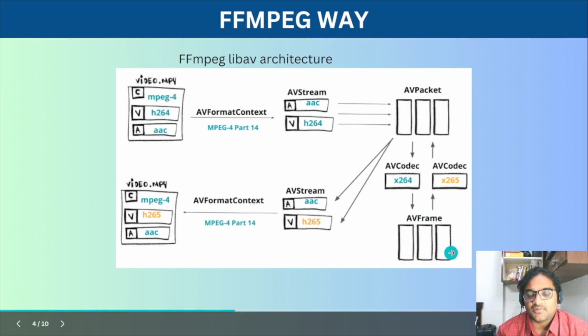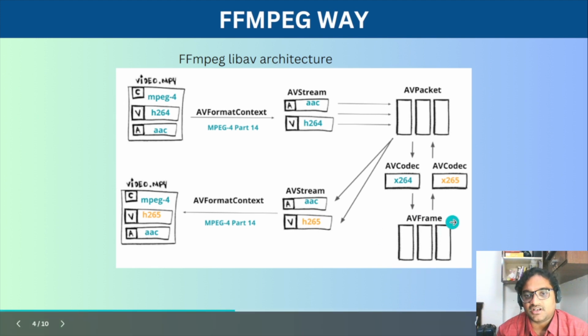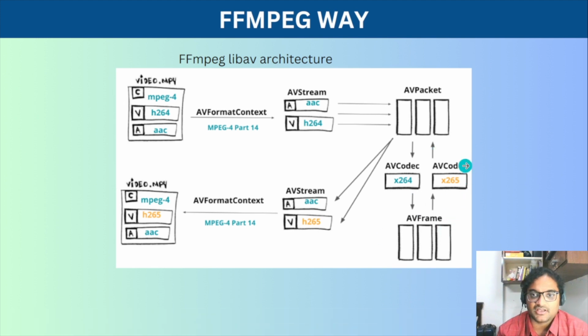So until now we are decoding the raw frames from the compressed file. Then these raw frames are sent to a different codec, and they are compressed again in the form of packets.